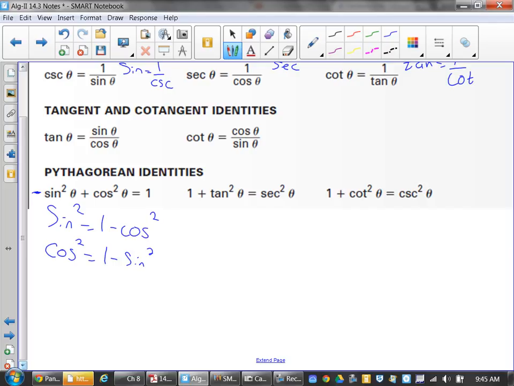I can do the same thing with secant, or excuse me, the tangent. I could say that tangent squared is secant squared minus 1. And cotangent squared is cosecant squared minus 1.